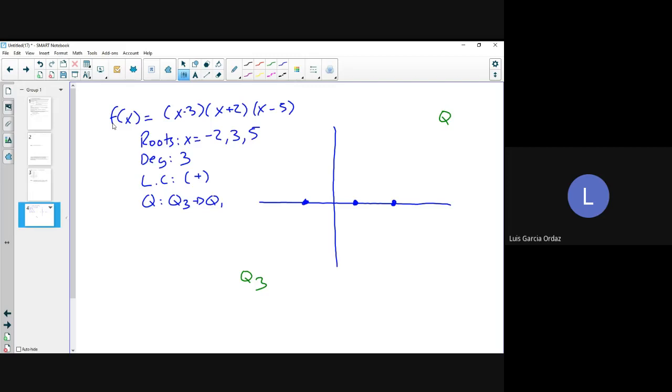Because the order of each bracket is 1, the graph's just going to go straight through the x-intercepts. As you can see, here we have some maxes and some minimums.